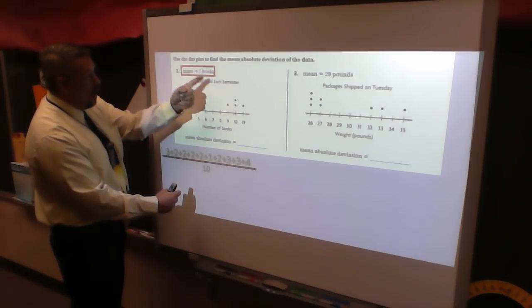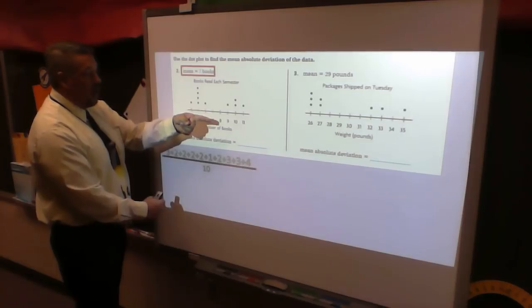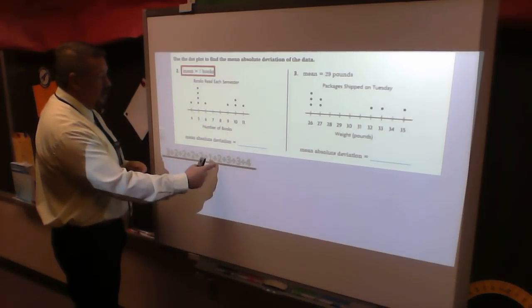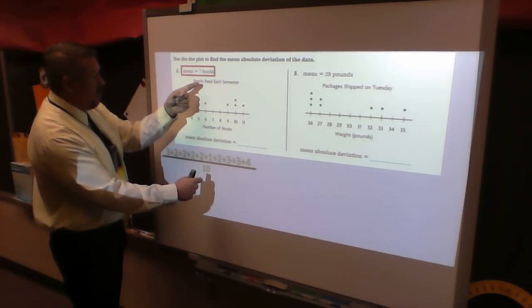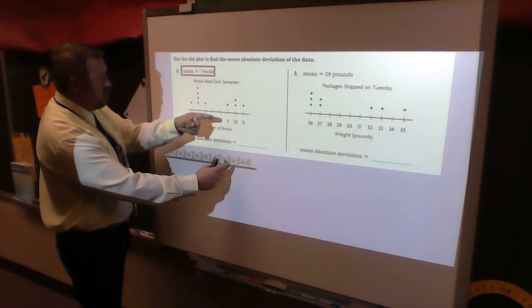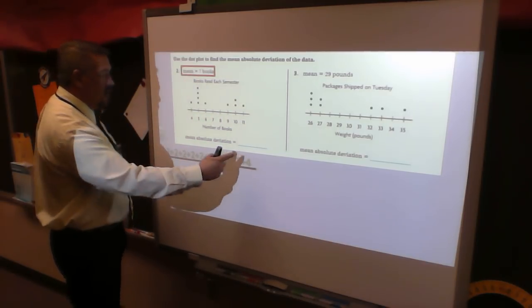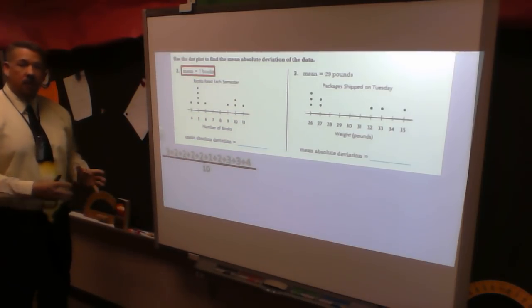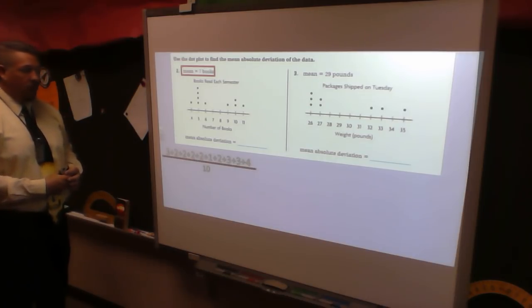Then I go to the 9, it's larger, so I start with the 9. 9 minus 7 is 2. 10 minus 7 is 3. 10 minus 7 is 3. 11 minus 7 is 4. That's where my numerators come from.